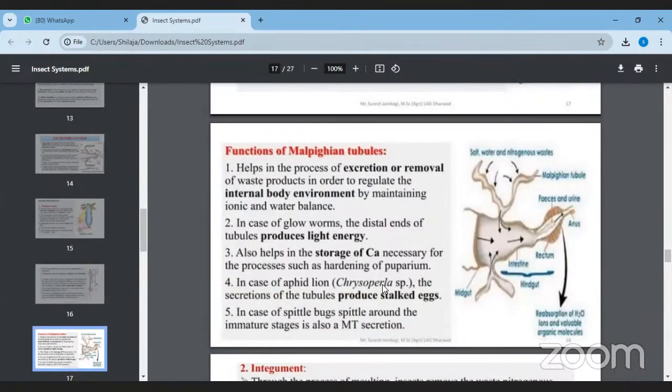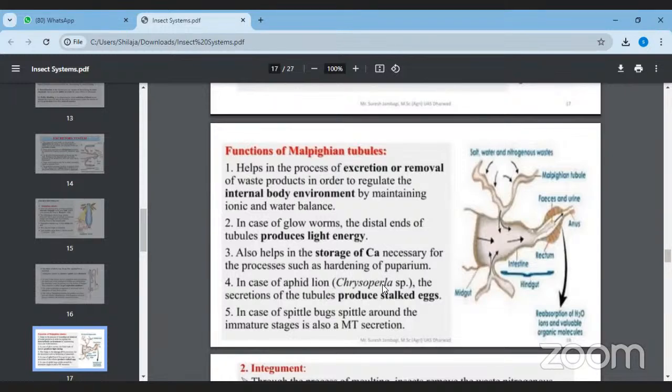Coming to the function of the Malpighian tubules, we have only talked about the cryptonephridial arrangement of the coleopteran beetles.